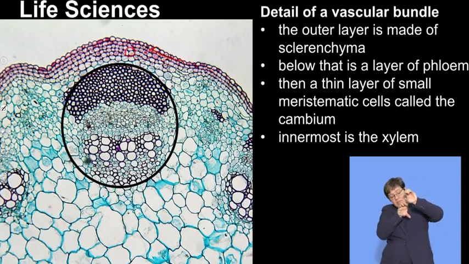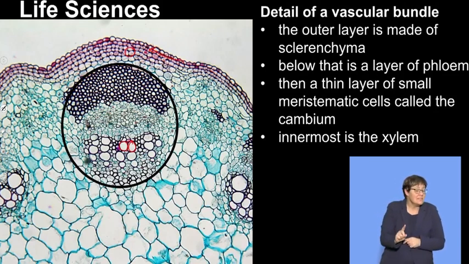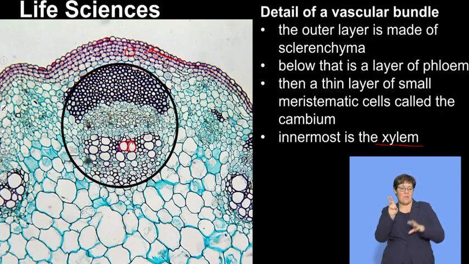We can see here nice big empty cells, and those would be your xylem cells. They've also got thick walls. Then what you see here are smaller cells which also have thick walls.